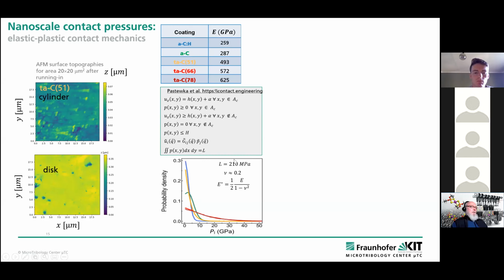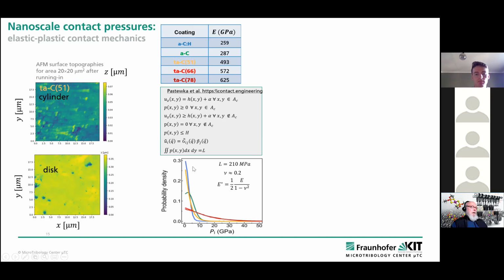The load was 210 megapascal, the macroscopic load, and we calculated the pressures inside the contact, so the microscopic or atomistic pressures in the contact. And here we show the probability density of these pressures for the different coatings. The red coatings are the hard TACs. You see that they have quite a long wing extending to quite high pressures.